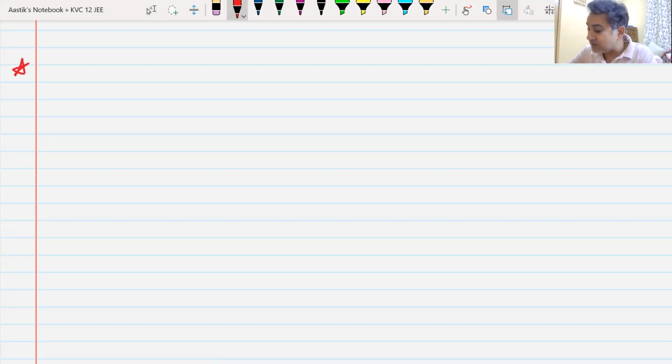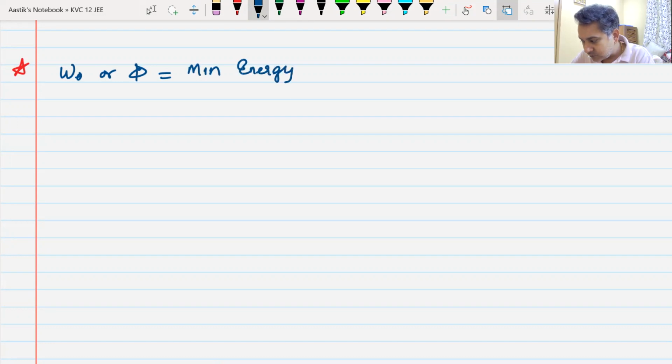of this chapter. The first thing that we did was W naught or phi, which was known as work function. And this work function is the minimum energy required to extract the electrons out of a metal.